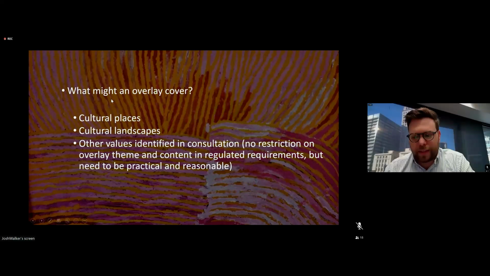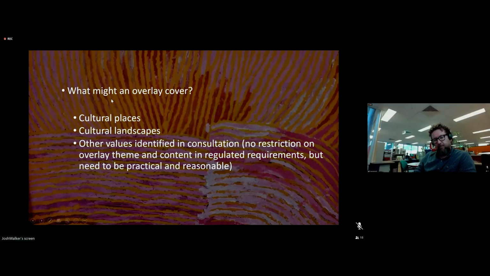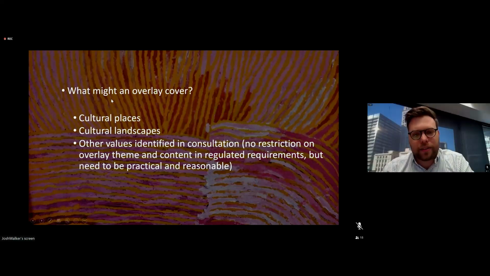Yeah, and I think that was a good example of where that could be used quite effectively, but again, acknowledging that it wasn't in an overlay, but it was in something similar. So what might an overlay code cover? We've already covered off on that. Cultural places, landscape, so it might be visual.